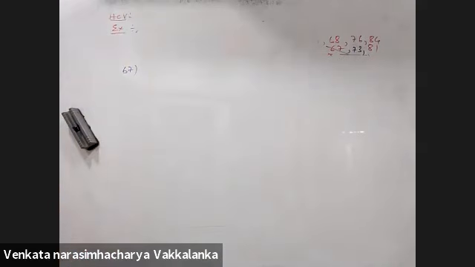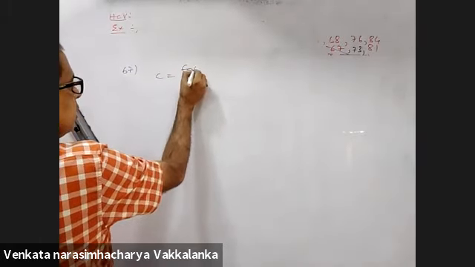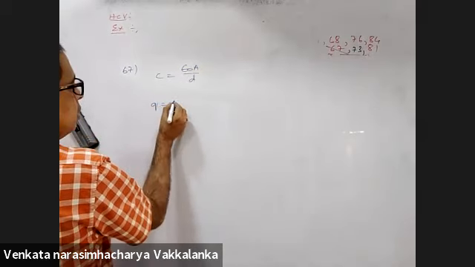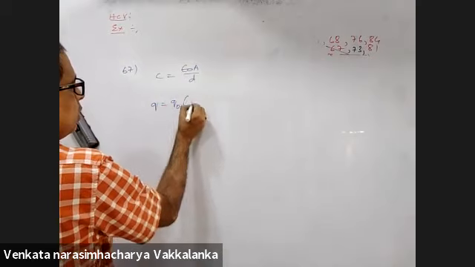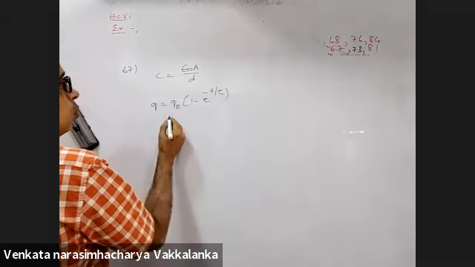67. Parallel plate capacitor, area, separation between the plates connected to a battery through a resistance. Find the electric field in the capacitor 10 nanoseconds after the connections are made. Can you calculate C, epsilon naught A by D? Q is equal to Q naught into 1 minus e to the power minus t by tau.